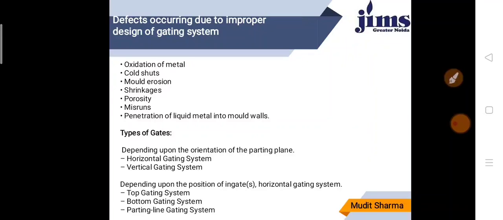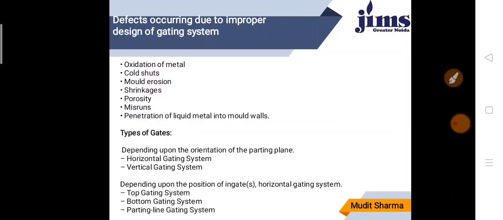For the mold cavity in the drag it is a top gate, and for the cavity in the cope it is a bottom gate. Thus this type of gate tries to derive the best of both types, bottom or top. This is most widely used for sand casting. I hope you understand all these gates.